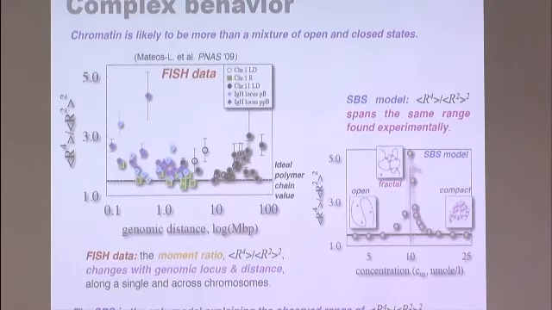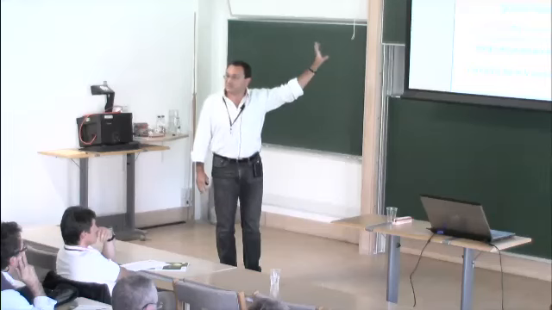There is a brilliant paper by Mateusz Langer et al. in PNAS 2009, where they have sampled this in a range of different loci, chromosomes, types of cells, and genomic distances. And we have collected their data in this picture.